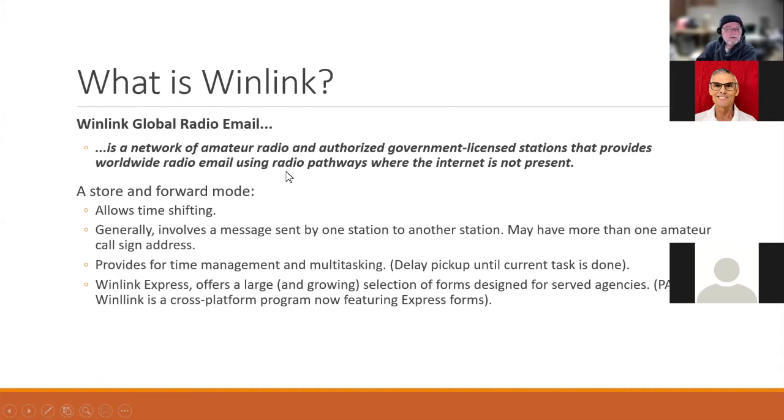I think the Puerto Rico situation was probably about as bad as it gets, because they lost pretty much everything except the main city there, and were able to reach out all the way to Europe for their first calls to make that 50-mile trip across the island to the EOC, the main hospital. They had to go all the way to Europe to do it. So that's what we try to achieve: we reach out to the next level beyond us where there actually is service. So it allows time shifting.